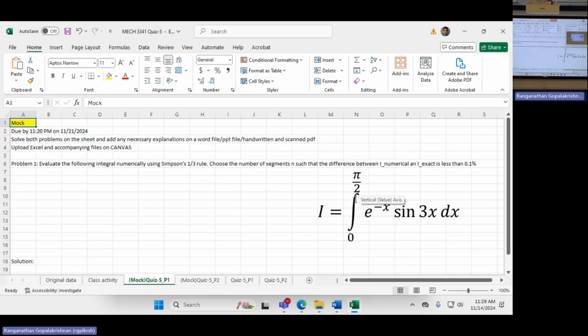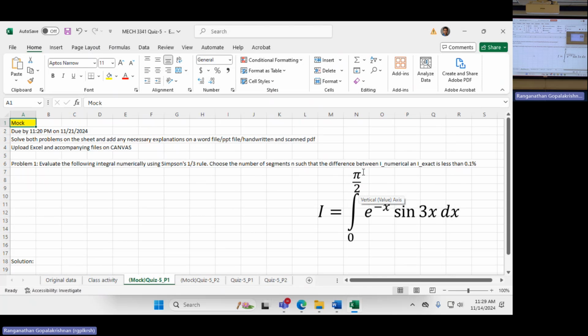Look at the question. Evaluate the following integral numerically using Simpson's 1/3 rule. Choose the number of segments n such that the difference between the numerical value and exact value is less than 0.1%. This is the question you are going to face as part of the quiz, or this mock, but something like this. Shall we start with this?